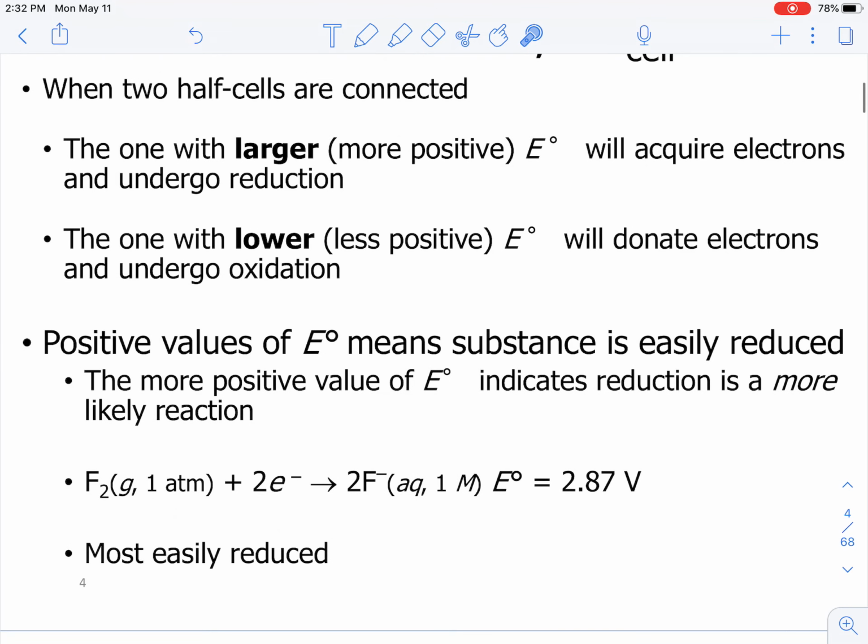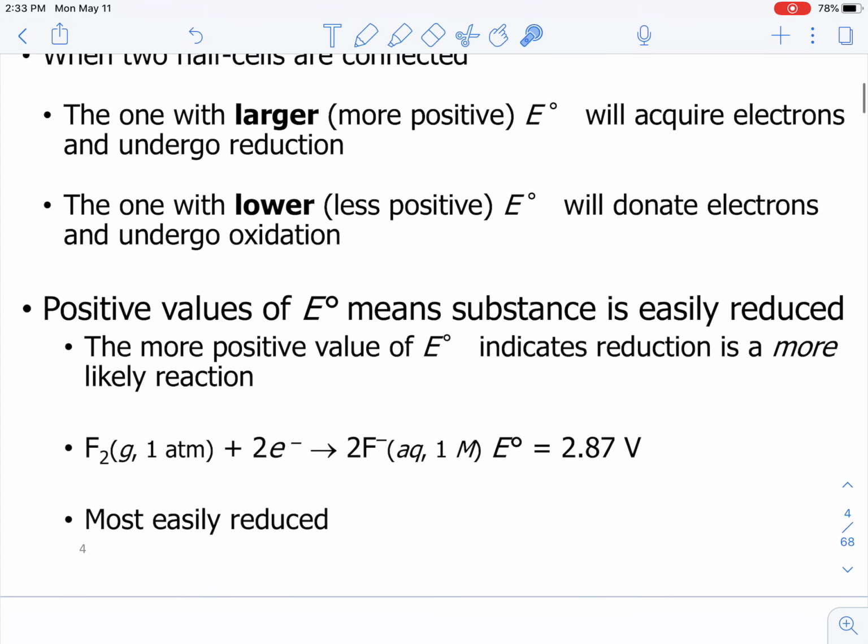And so, in short, the more positive and the higher the value is for your potential, then that means that half cell is more easily reduced. So reduction is typically going to occur for half reactions that have a higher positive potential.